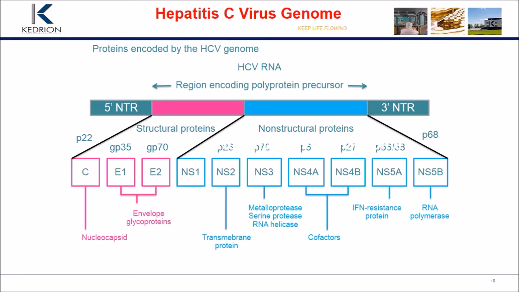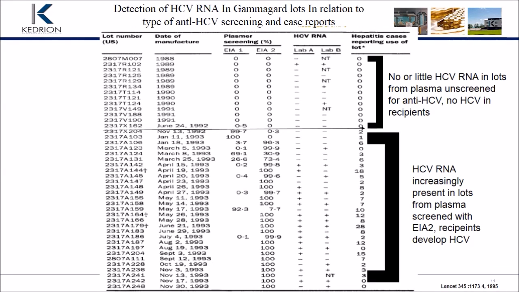The first generation, the first antibody test, which was used for the study I've previously shown, had a specificity against the C and the first envelope proteins, and subsequently, very rapidly, different generations of tests were introduced which were more sensitive.